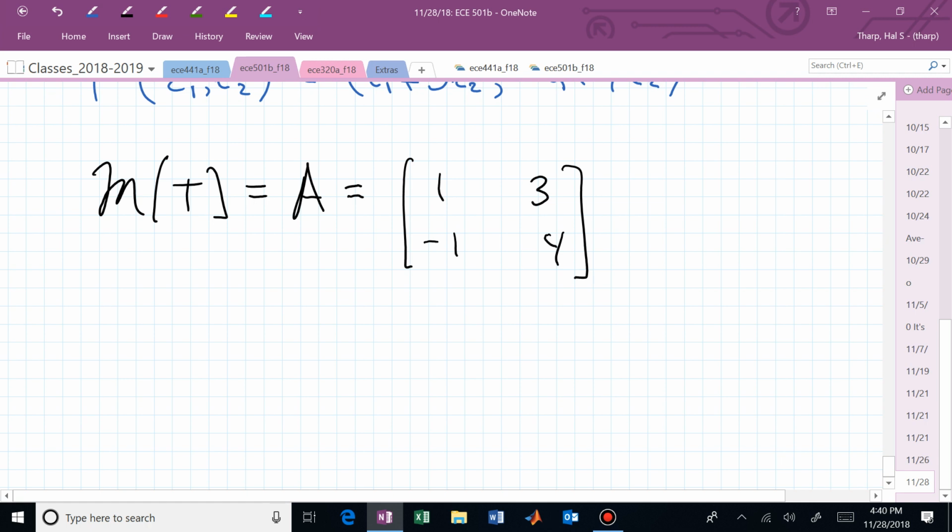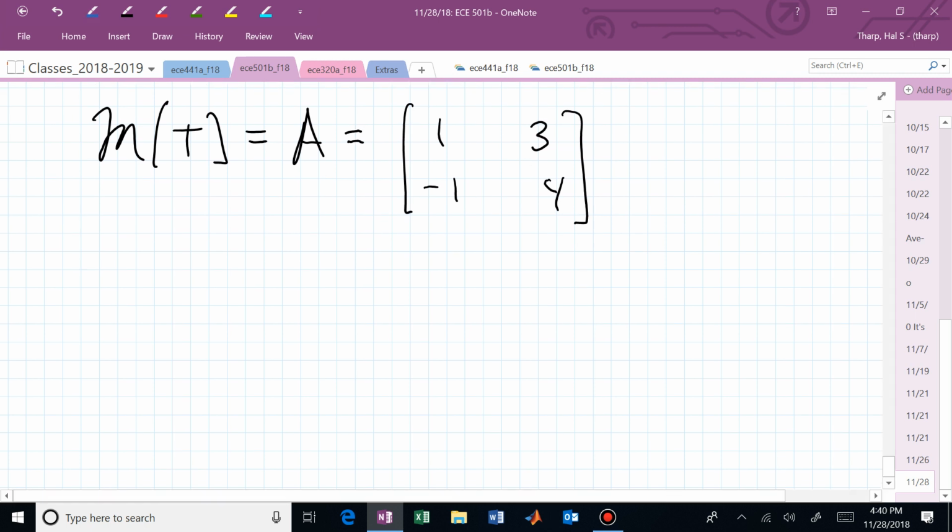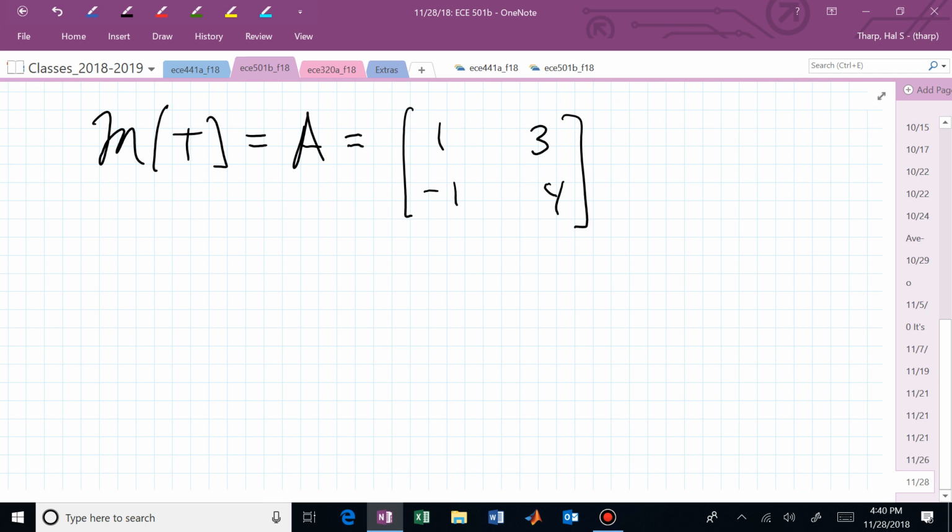This is not too difficult to compute. If I find the characteristic polynomial based on the formula that we said, I can find it by taking the determinant of the matrix zI minus A, where z is a scalar variable.